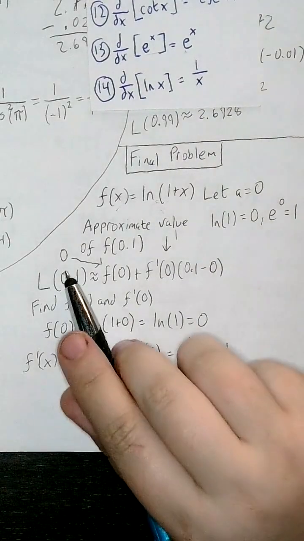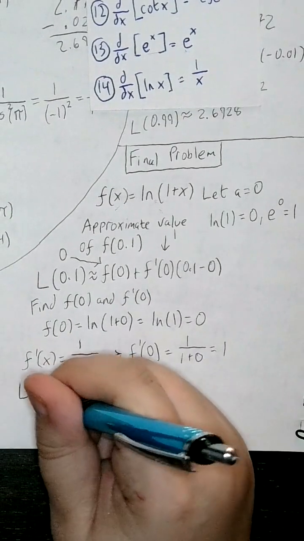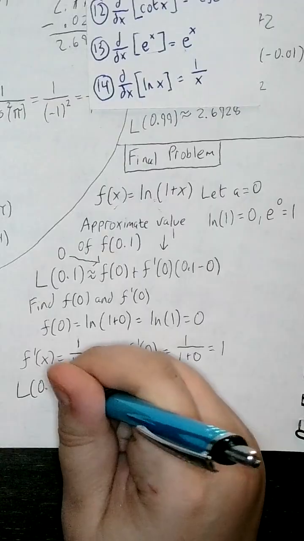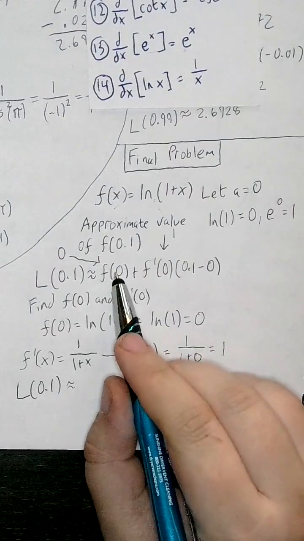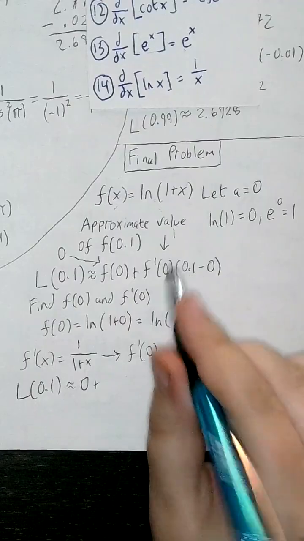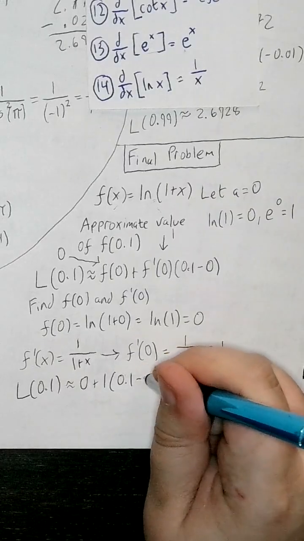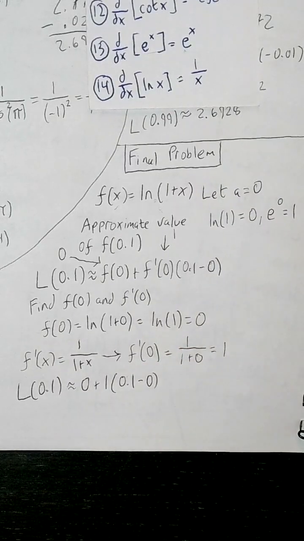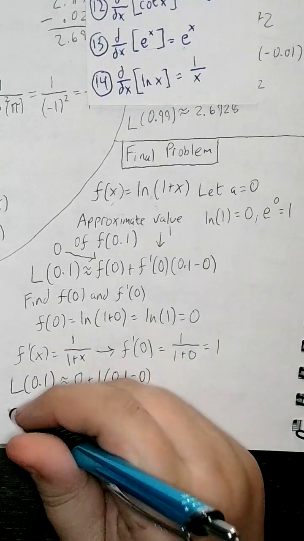So now I have everything I need to solve this. The linear approximation of 0.1 is approximately equal to f of 0, which is 0, plus f prime of 0, which is 1, times 0.1 minus 0. So, if that's the case, what would my answer be?